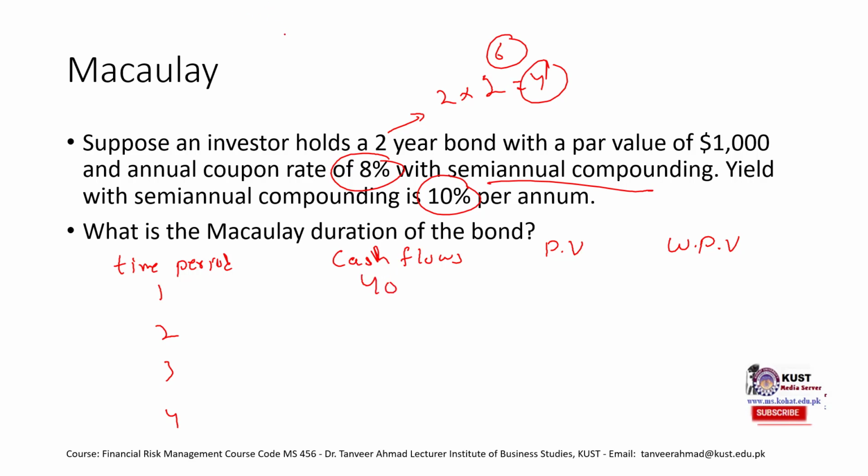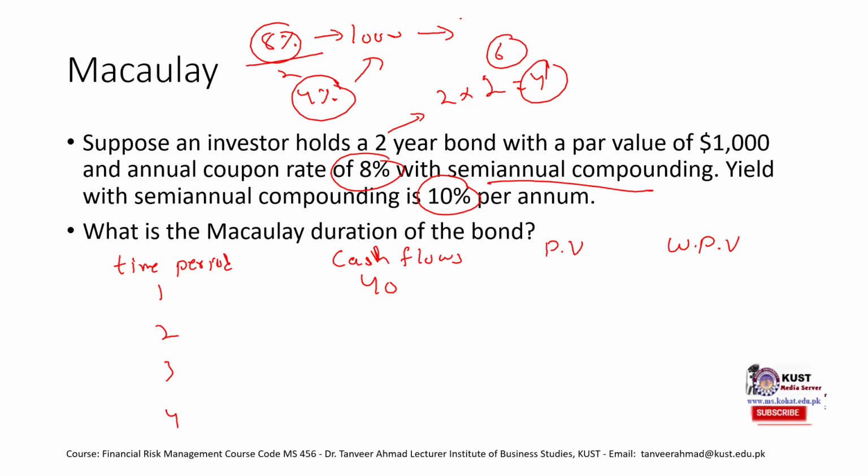Because if 8% is the interest rate and 1000 is the par value, then after each 6 months, instead of getting 8%, we would get 8 by 2, that is 4% of this 1000, because the annual interest rate is 8%, but it is compounded semi-annually.